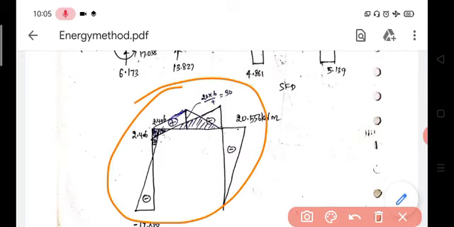At joint A there is a hogging moment. From the free body diagram you may find the moment at each and every corner. At joint A it is subjected to a hogging moment of 17.038. At joint B it is subjected to a sagging moment.